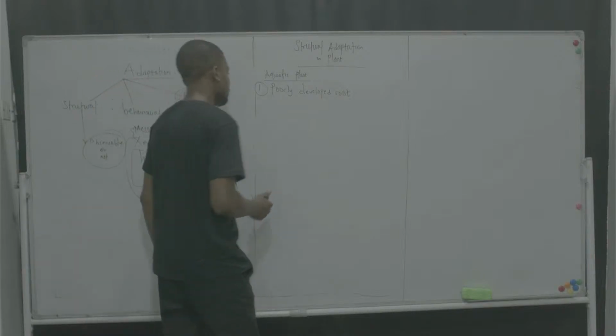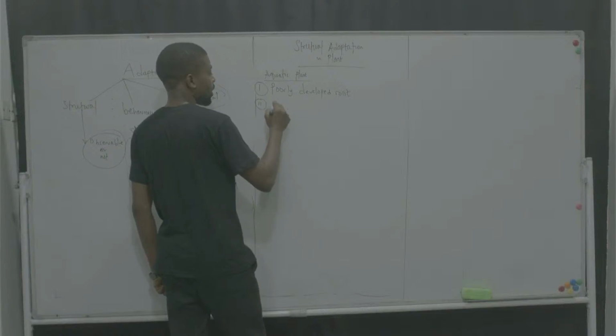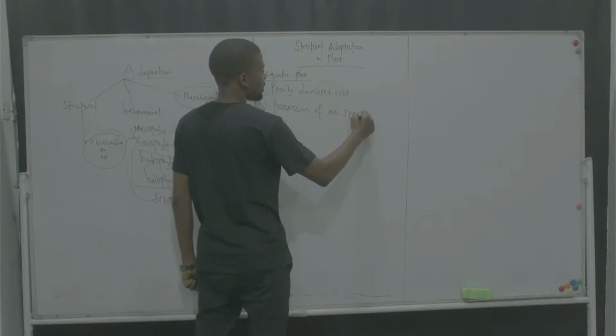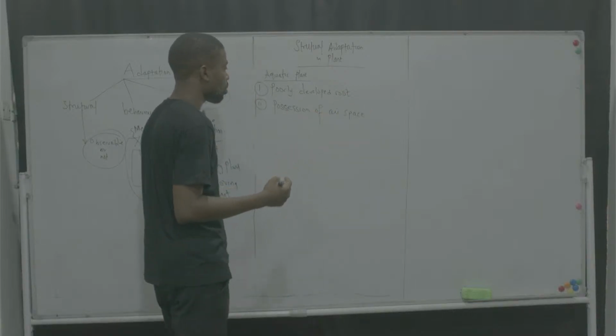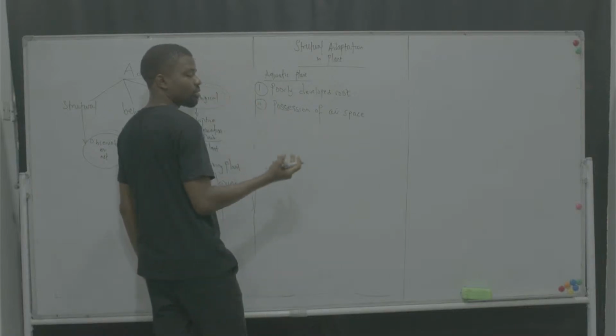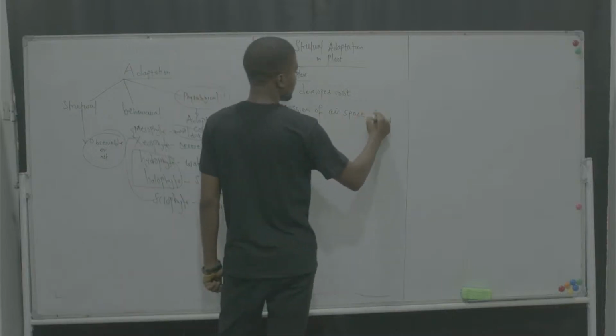Now, number two, possession of airspace. That airspace is what they use for gaseous exchange, but it also helps them inside the water. Possession of airspace. I'm going to tell you the major reason it helps them inside the water.